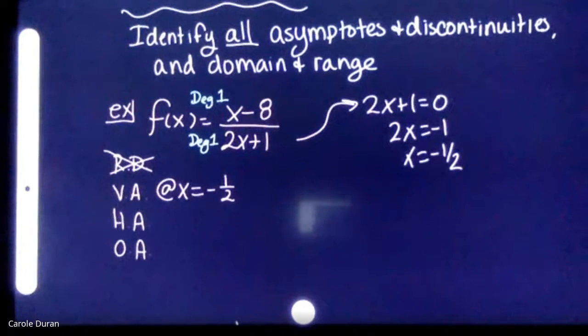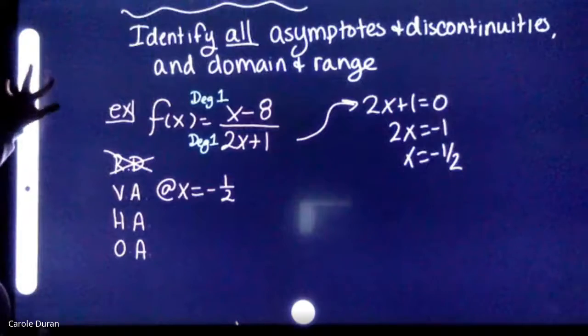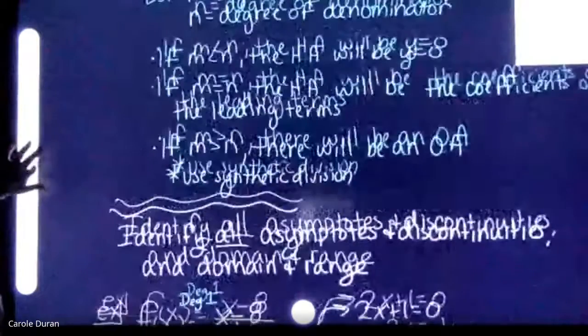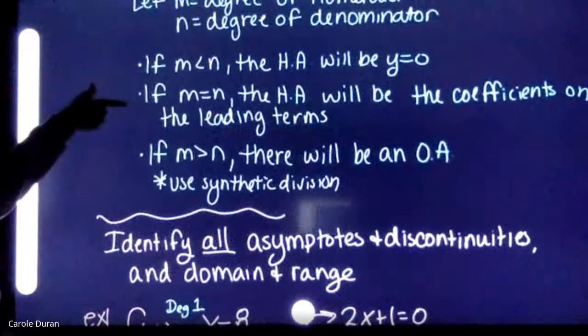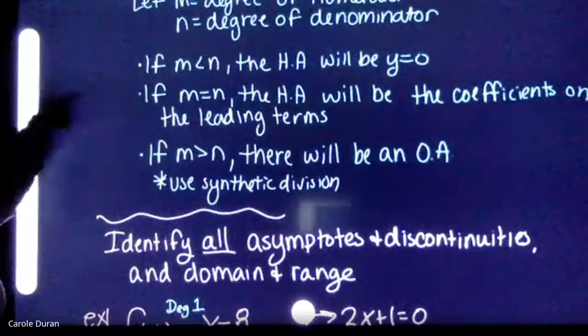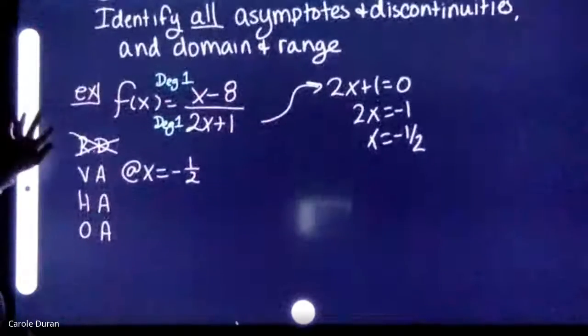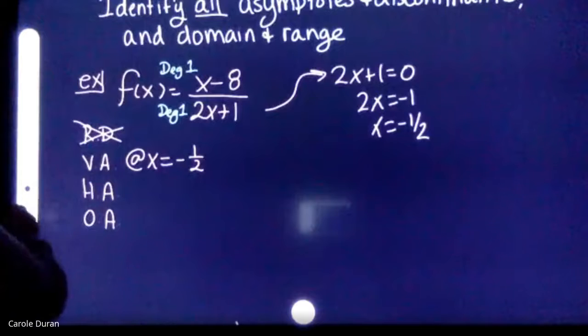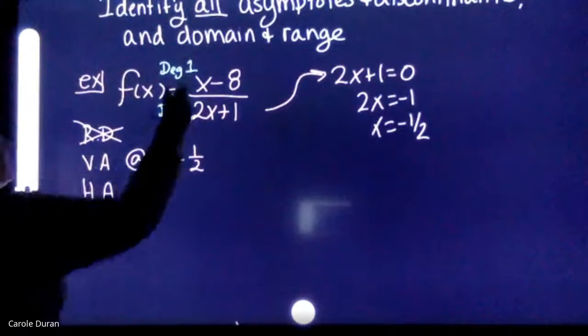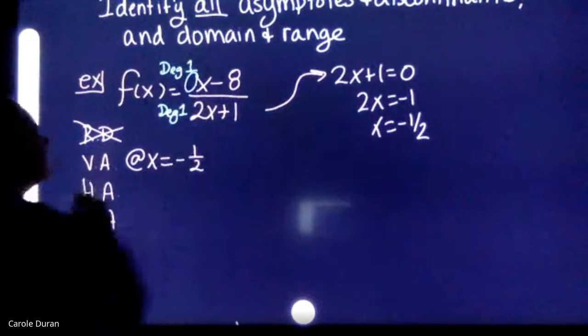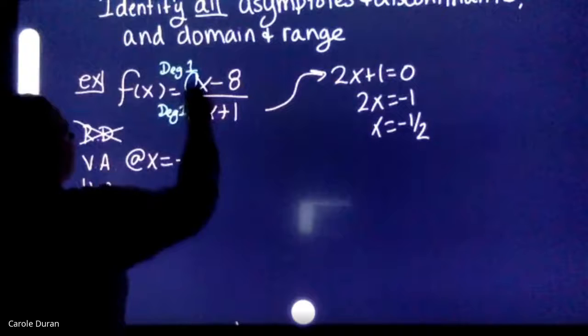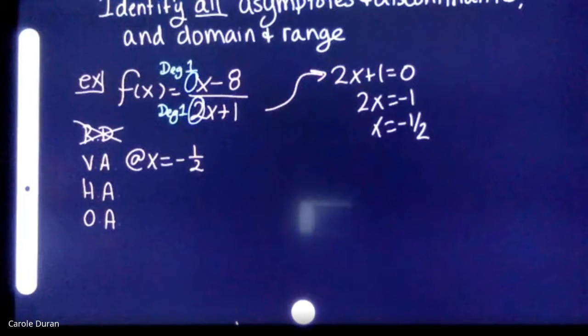Since both of my degrees are the same, this rule right here says that my horizontal asymptote will be the coefficients on the leading terms of my rational function. So my horizontal asymptote is whatever number is in front of x over whatever number is in front of x in the denominator.